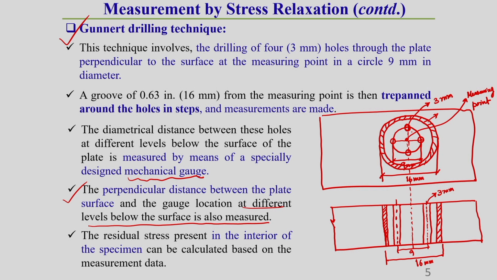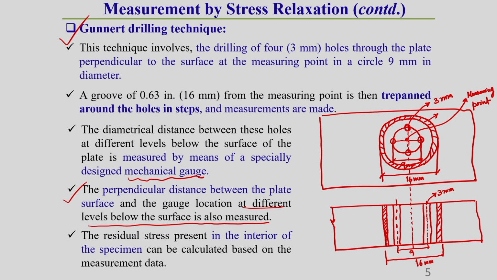Now, here one thing you should keep in mind: what is the application, what is the advantage or what is the drawback of this process, I am just telling a little bit here. This Gunnard drilling technique is generally a laboratory and field work type of technique.